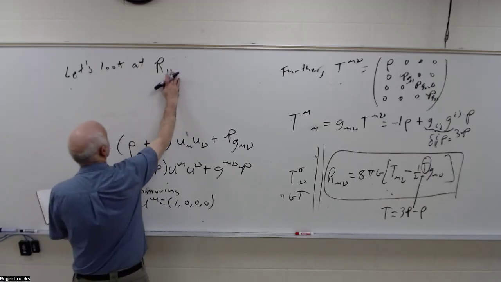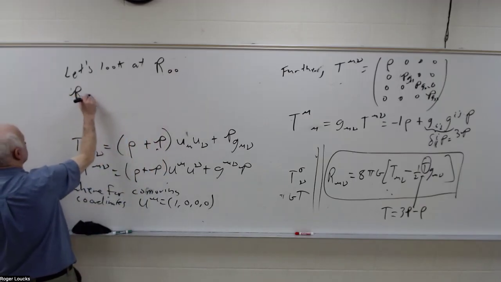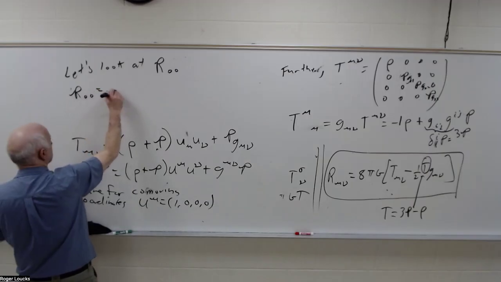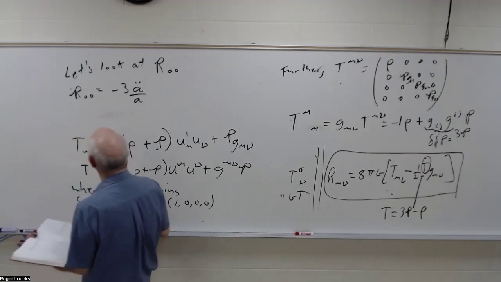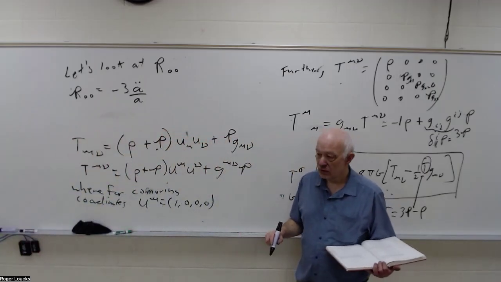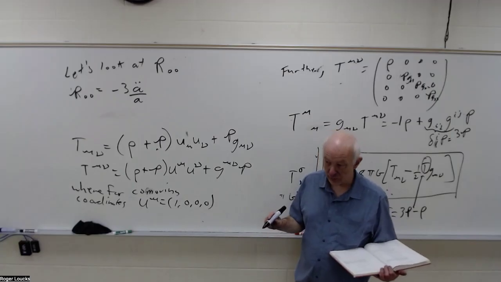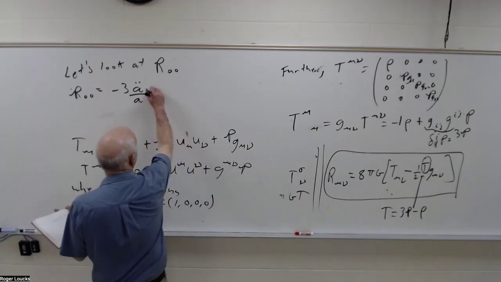R00 with Carroll is minus 3 a double dot over a. What do you think a double dot means? Second time derivative of the scale factor. Okay. It's going to equal what?